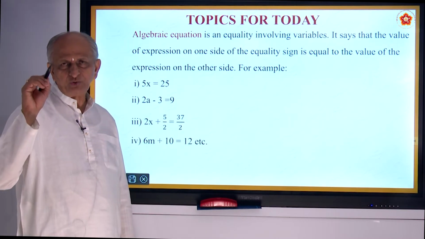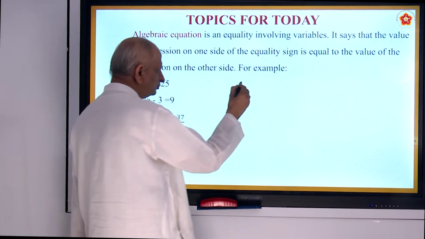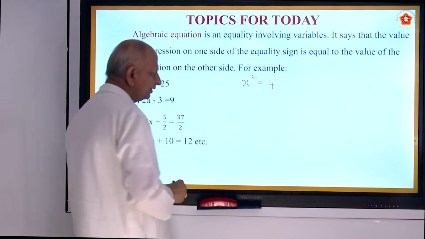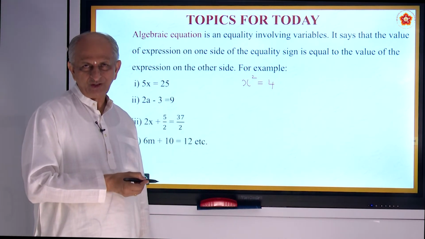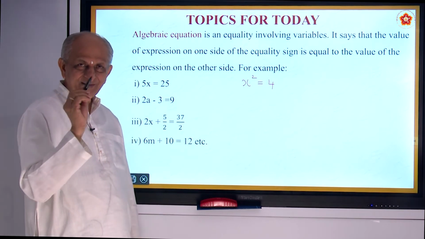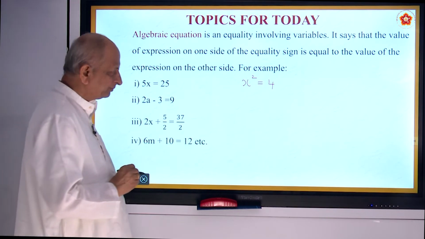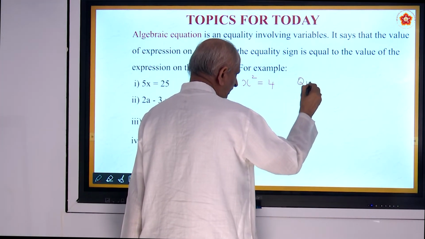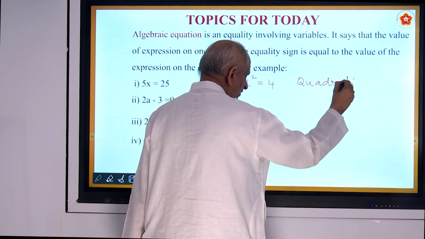And suppose you have a 2 degree equation, what do you call it? Suppose you have x squared is equal to 4. It is also an equation, and also has one variable. But what is the degree? Degree is 2, or in other words you can call it power, x to the power of 2. So this is called a quadratic equation, which you are going to study next year.